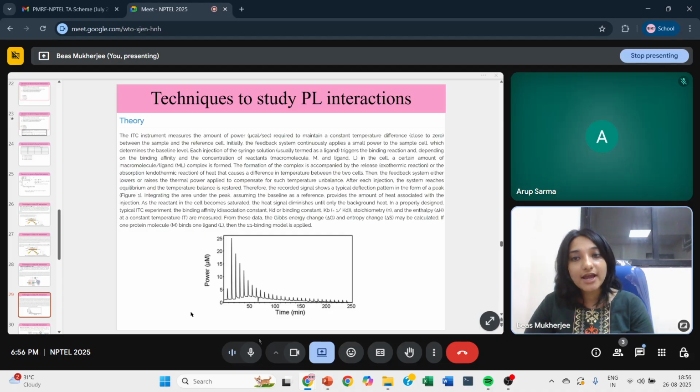As the reactant in the cell becomes saturated, the heat signal diminishes until only the background heat is there. So in a properly designed typical ITC experiment, the binding affinity or dissociation constant KD, stoichiometry, enthalpy and entropy can all be calculated. From this data, Gibbs free energy, entropy change, etc. may also be calculated.